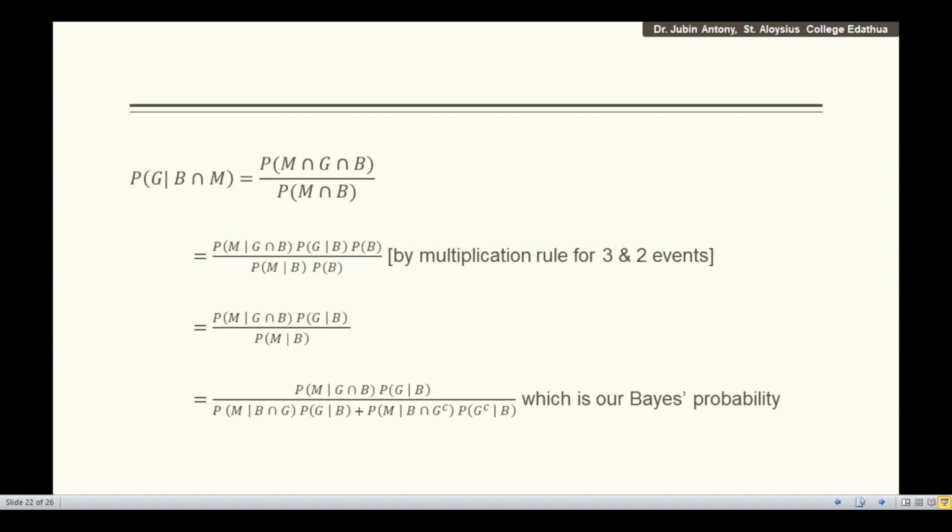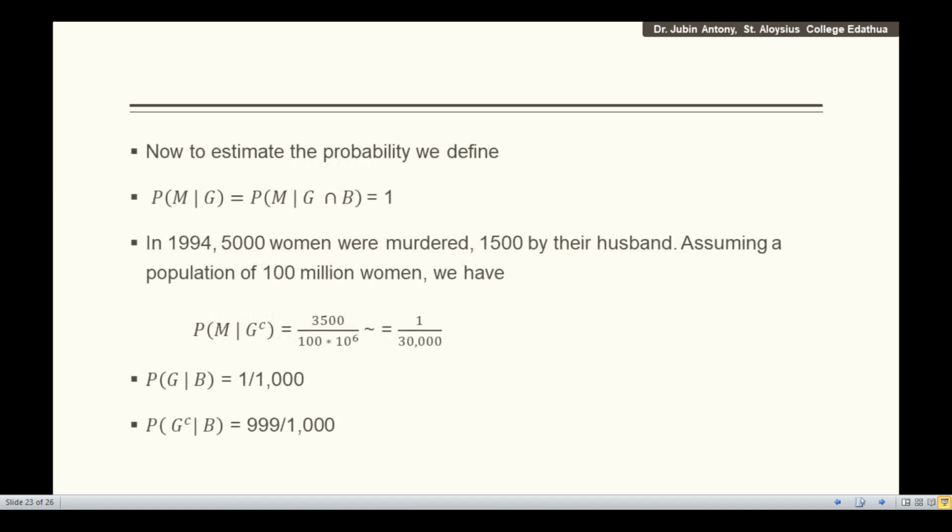Here, in this slide, I have written probability of G given B intersection M in Bayesian form. Now, to estimate the probability, we define prior probabilities. It is quite obvious that probability of M given G is equal to probability of M given G intersection B is equal to 1. In 1994, 5,000 women were murdered in the US, out of which 1,500 by their husbands.